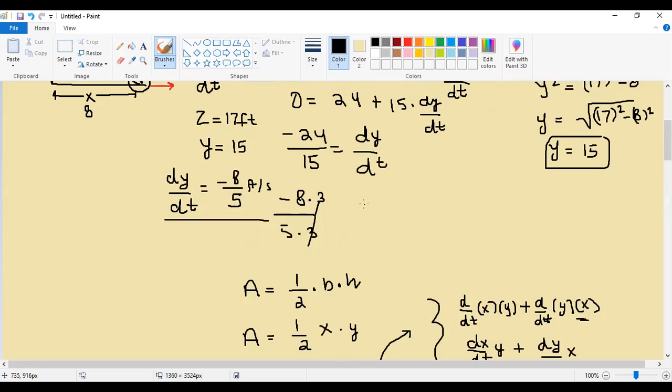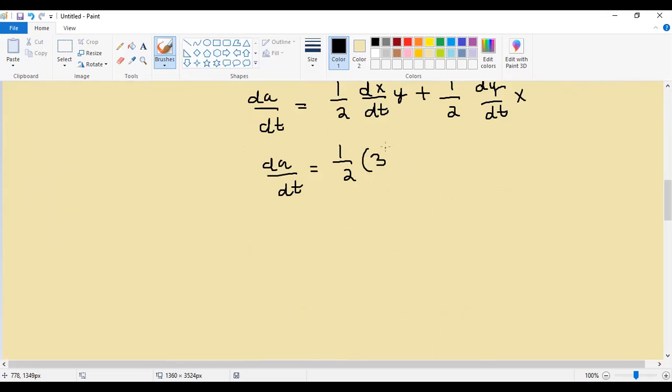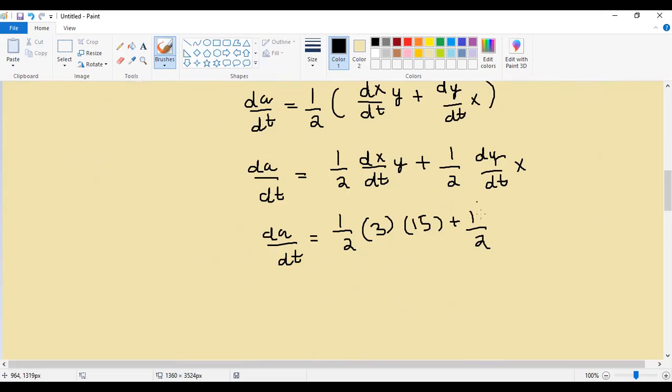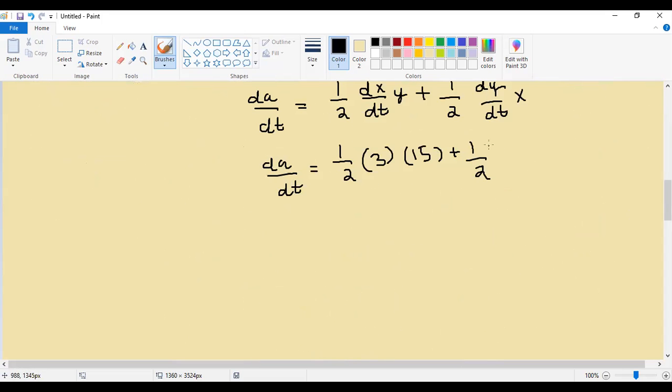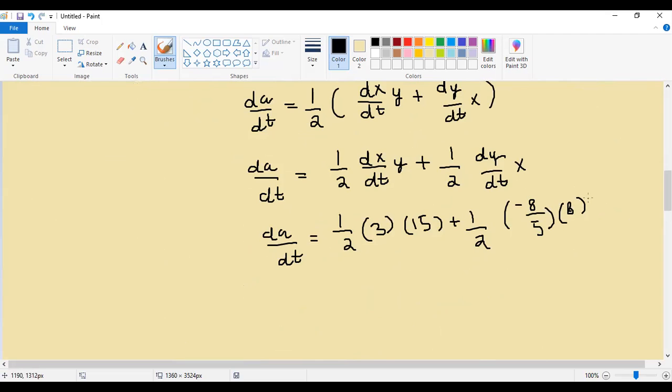And if we were to plug in what we know, we would have 1/2 multiplied by dx over dt, which we are familiar with is 3 feet per second. And if we have y, which we know is actually 15, we can have that here as well, plus 1/2, and then we have dy over dt, which I think we said was -8 over 5, and multiply that by x, and we know that x, being a constant, is 8, so we would have 8 here.